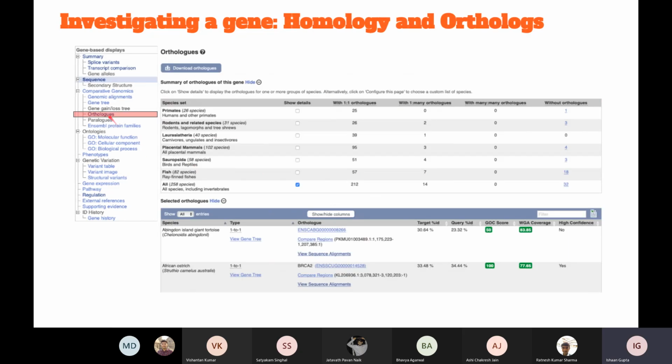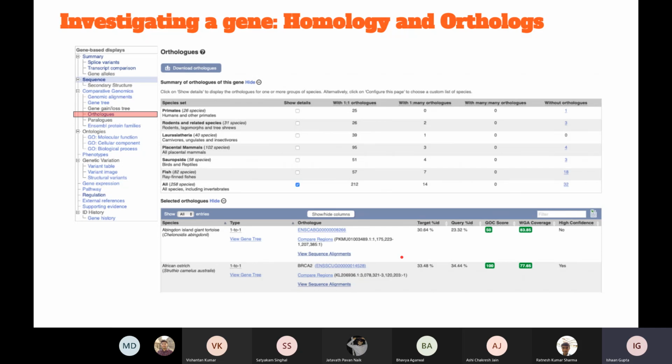When you click on orthologs, you see that for BRCA2 you have 258 species where you have orthologs. There are 1:1 orthologs in 212 species. Then there is a breakup of exactly how these orthologs are distributed across different kinds of organisms, and you get a table of what other organisms have this kind of ortholog.